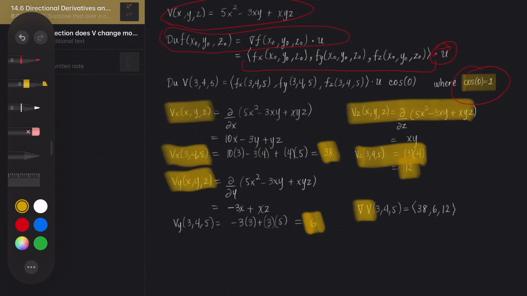So our potential function will be changing most rapidly at the point P in the direction with coordinates 38, 6, 12.